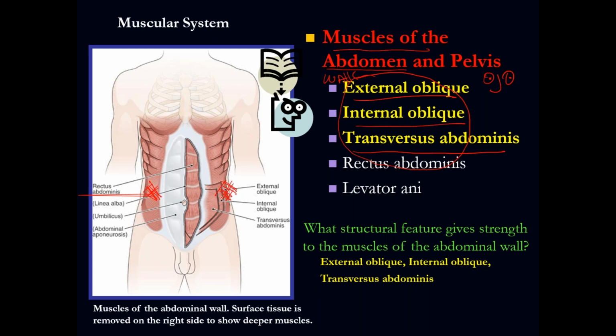They learn how to use these muscles to produce compression and push the intestine and the urinary bladder in order to be able to pee and to defecate. Okay, so these are the muscles of the abdominal wall.